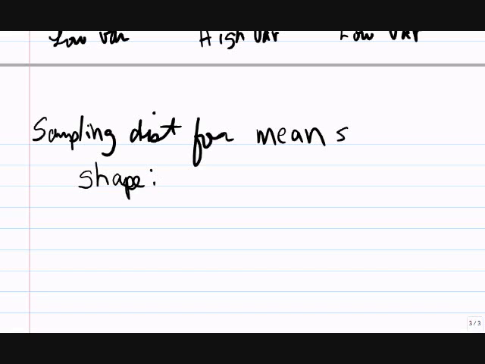We can say this one is approximately normal. It actually will be normal because we're taking it from a whole population that's normally distributed. But approximately normal is going to be good enough for what we're doing.